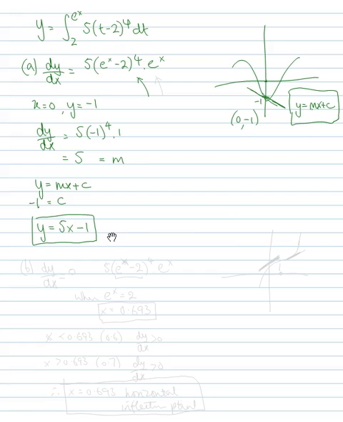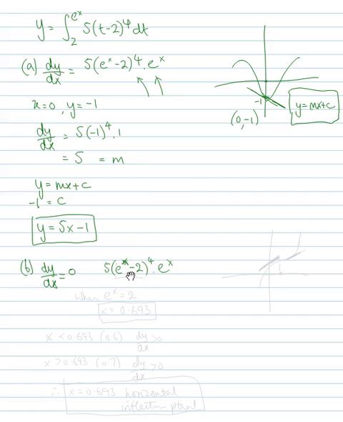Okay, so now find the x-coordinate of the stationary point on this curve. A stationary point is when dy/dx equals 0. So let's look at the function that we've got: 5 times (e^x − 2)^4 times e^x. The 5 can never be 0, the e^x can never be 0, so only this bracket can be 0.